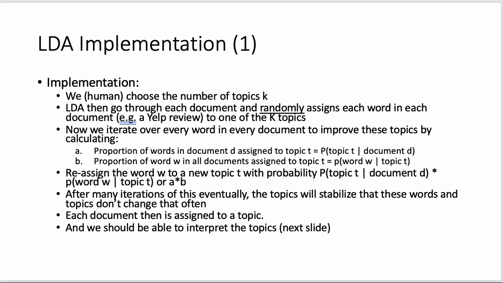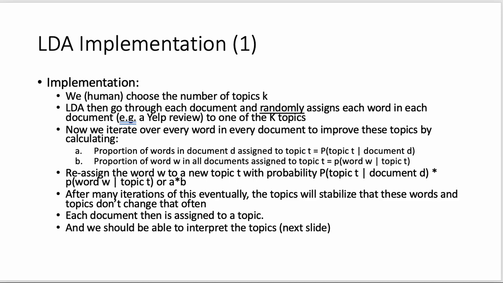Then we're technically not done yet, of course, because these initial random topics won't really make sense. So it's time to iterate and figure out how to fix this assignment. We're going to iterate over every word in every document to improve these topics.